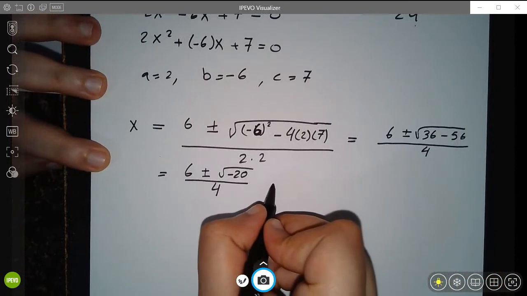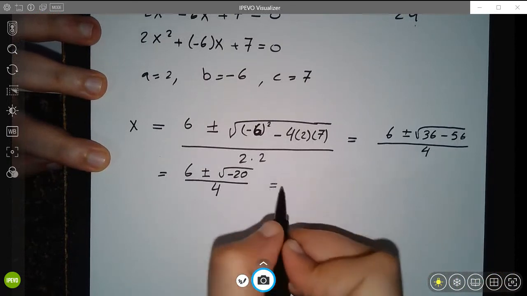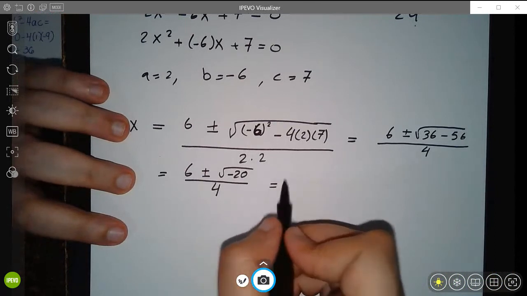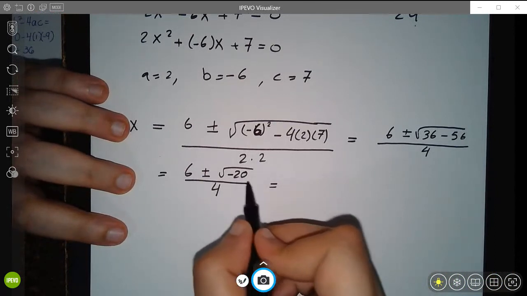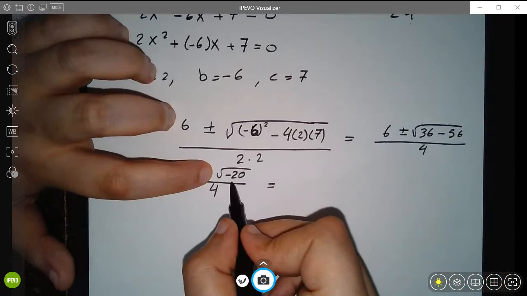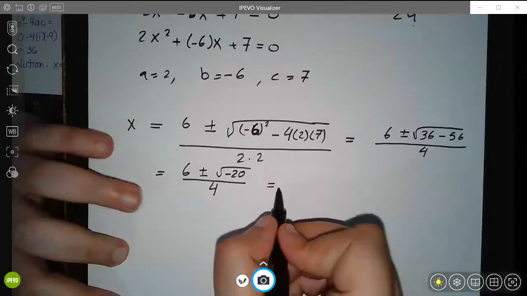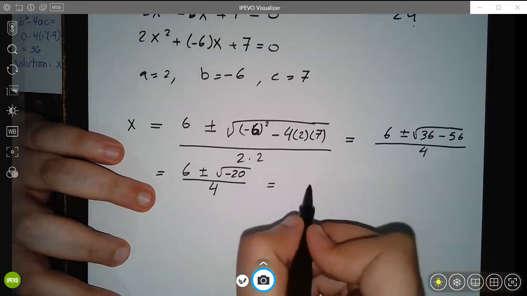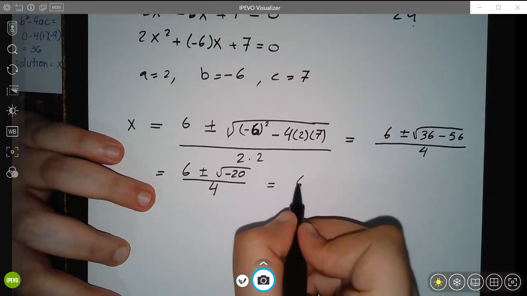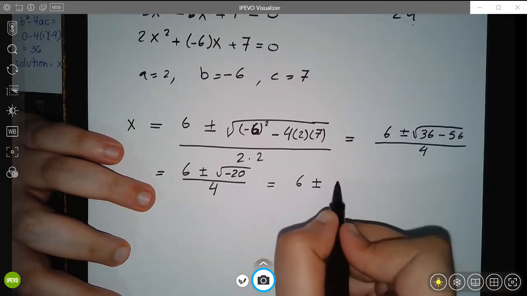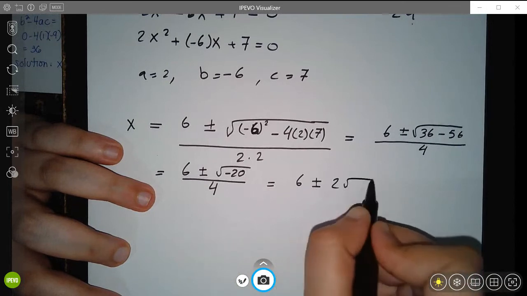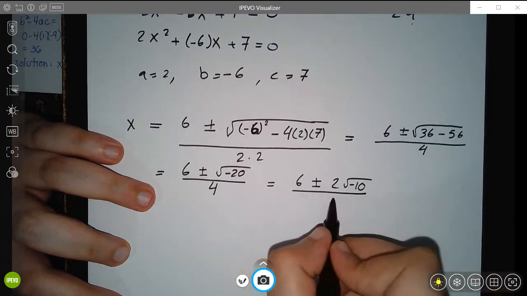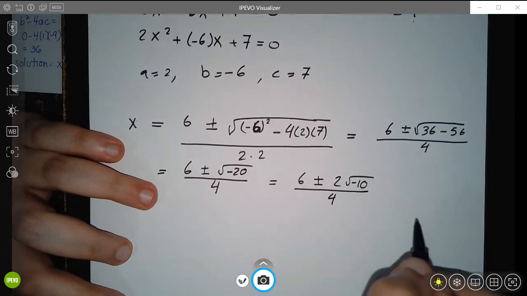Okay. Now, can you factor a 2 out of this? No, because you have a negative root right here, right? So if I want to solve this, because I have a negative, you're going to end up with 6 plus or minus 2 times the root of negative 10 only, and you have a 4 over here.